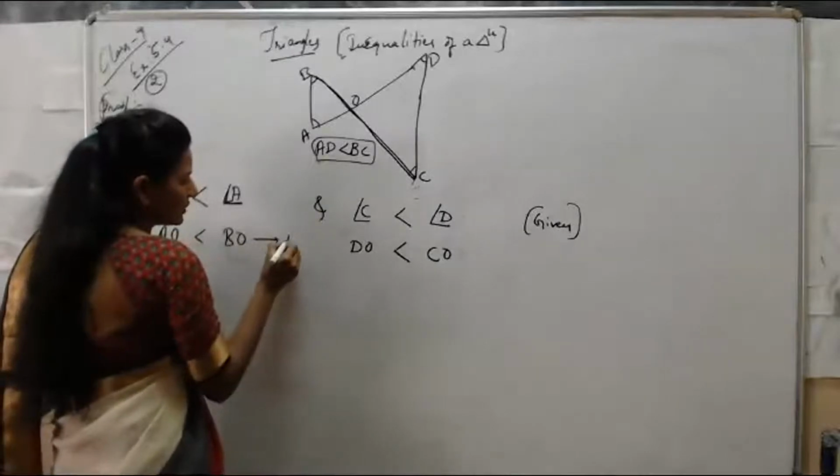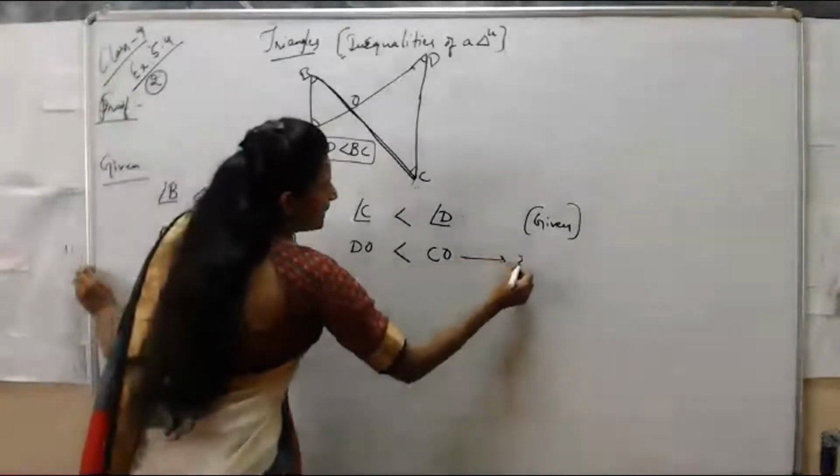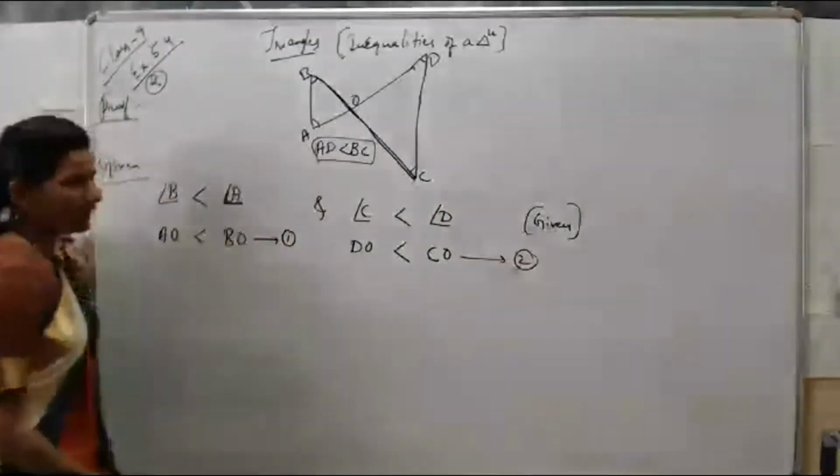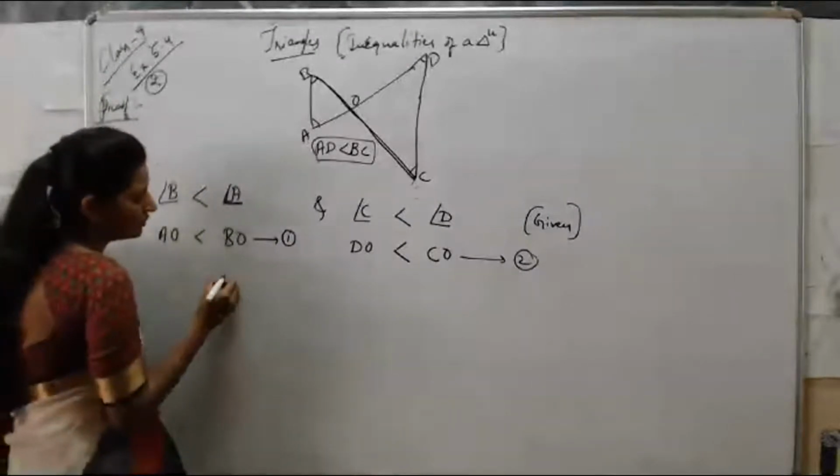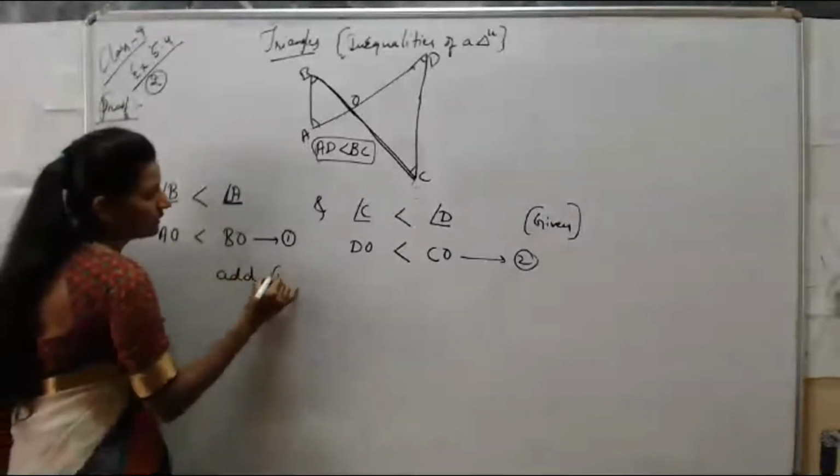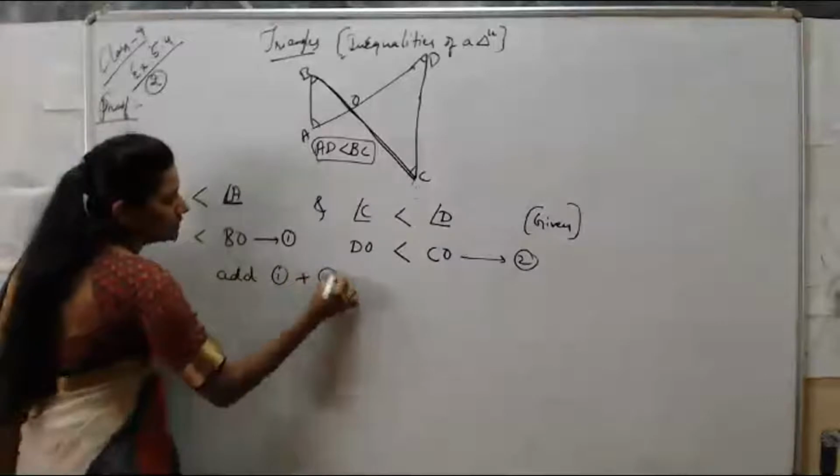Now, take this equation as 1 and this as 2. Add equation 1 and 2.